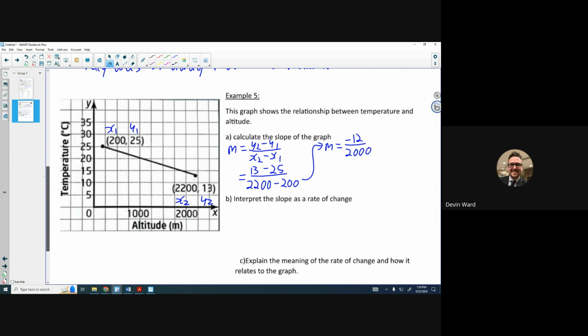I can make this a little bit simpler by saying negative 6 over 1,000, which I could even make smaller: negative 3 over 500. I divide both my top and my bottom by 6 and by 4. So that would be my slope, negative 3 over 500.